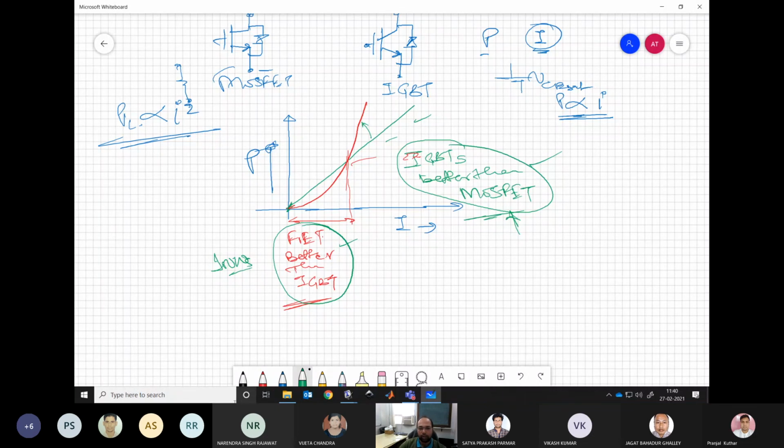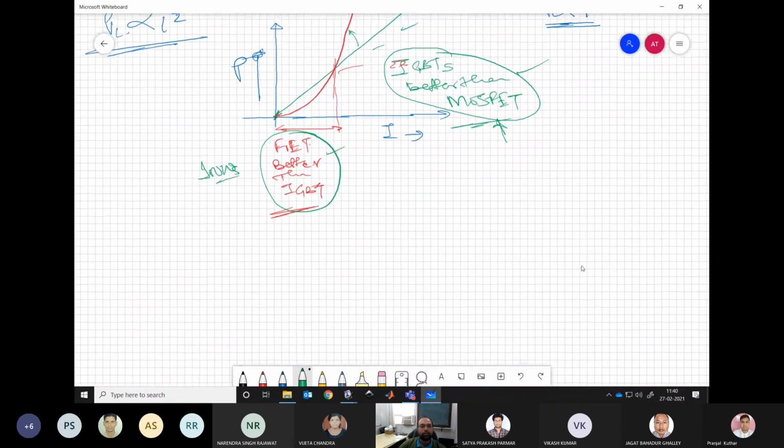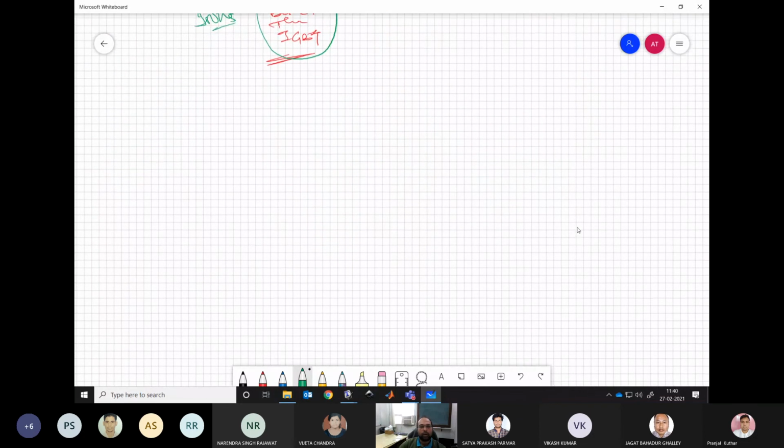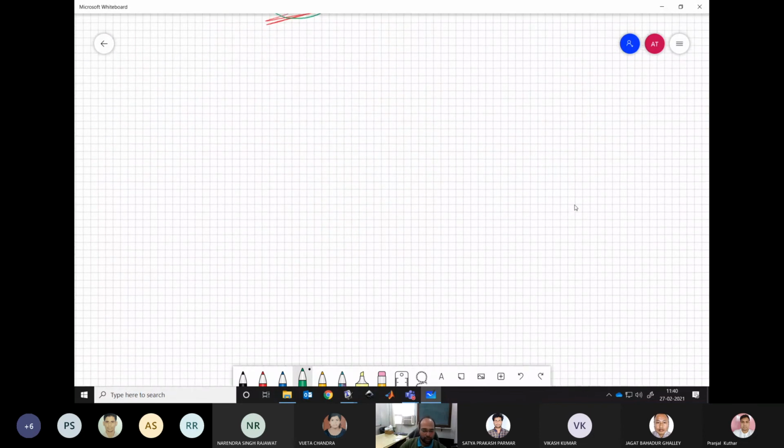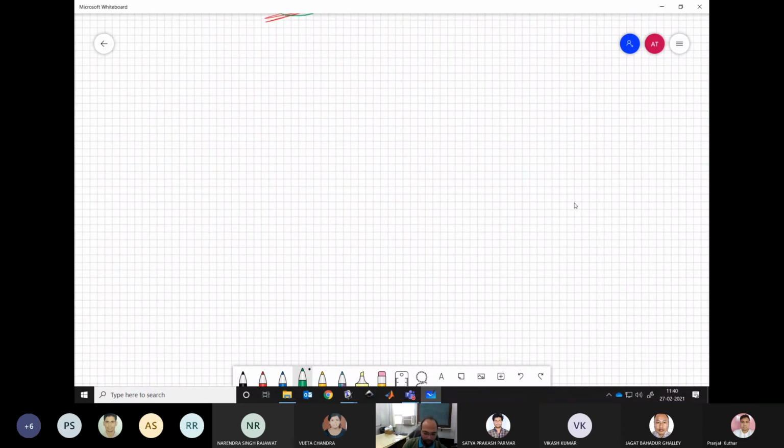So we have seen a good amount of explanation about all these devices and what their characteristics are. But now coming to the important point, how do we realize the desired converters using these devices? First thing, all these devices we have seen have single quadrant operation, if we ignore the anti-parallel diode in the MOSFET.